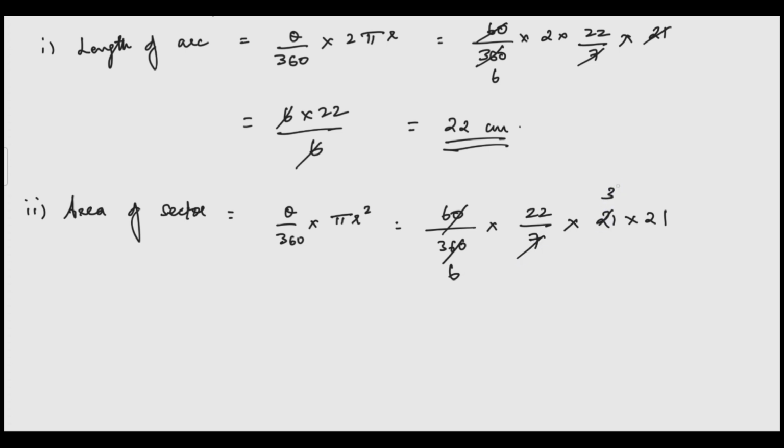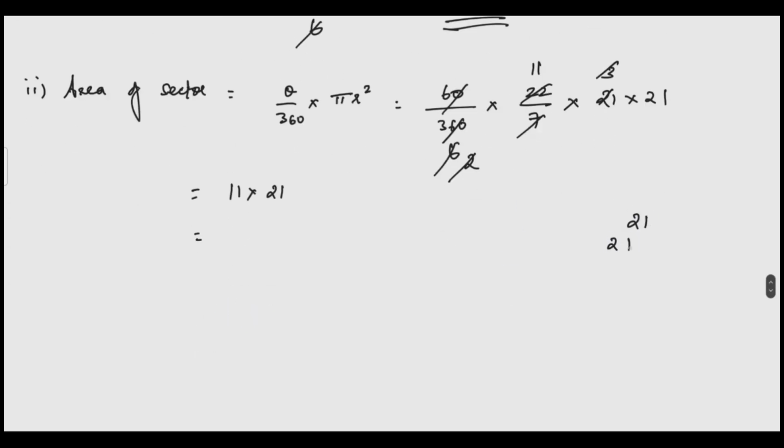Cancelling 3 for 6, we get 3 by 2, we get 2. 2 is again divided, we get 11, and on further solving we get 11 into 21. 21 into 11 is 231. Hence we get 231 centimeter square as the area of sector.